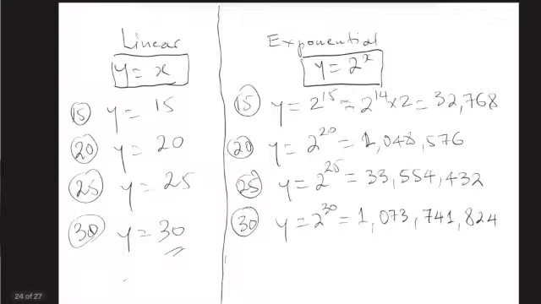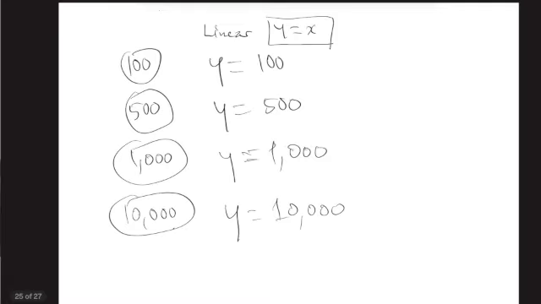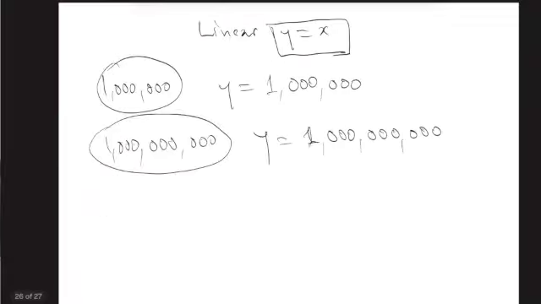Assuming that at step 30 we are at 30, it is safe to say that at step 100 we are going to have y equals 100. Step 500, 500. Step 1000 is going to be 1000, and step 10,000 is going to be 10,000. With this kind of reasoning, it is safe to assume that at step 1 million, we are at y equals 1 million.